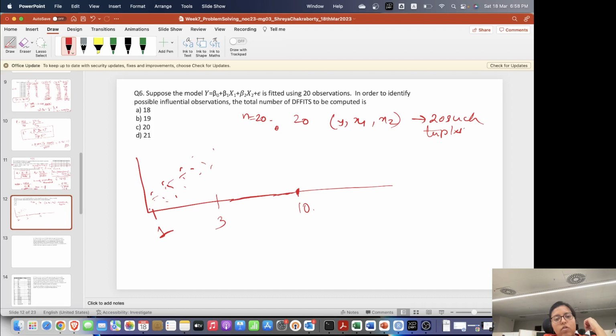But it is not likely to affect my regression line because it falls close to the regression line. It is not changing the pattern. So, those points are just leverage points.